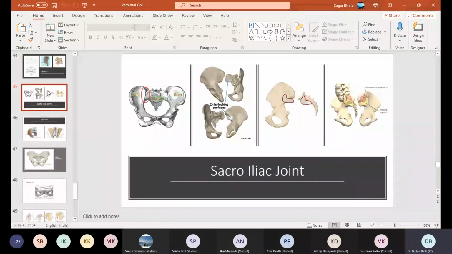The function of this particular joint is stability and transmission of forces. In order to do so, it has to compromise a little upon the mobility component, and that's why the amount of motion that was so far available to the spine is now not going to be present except for the L5S1.